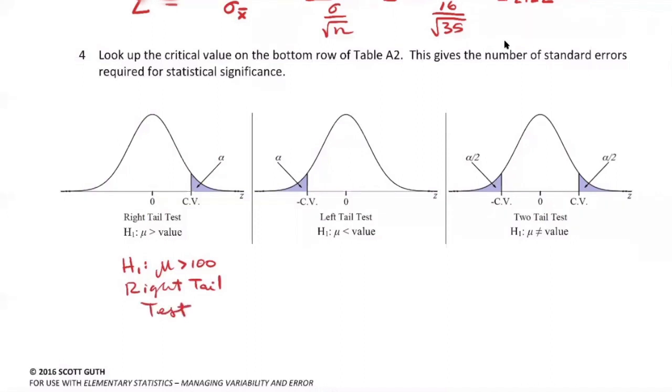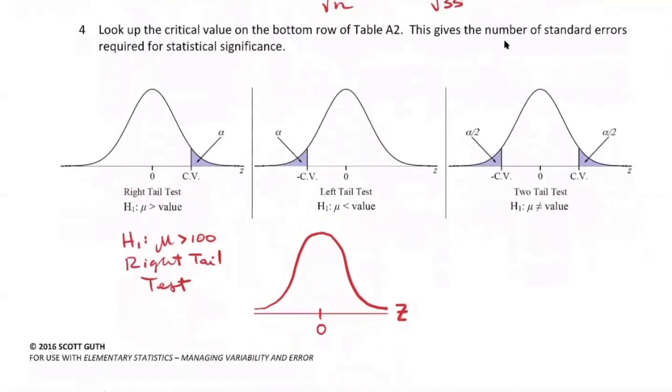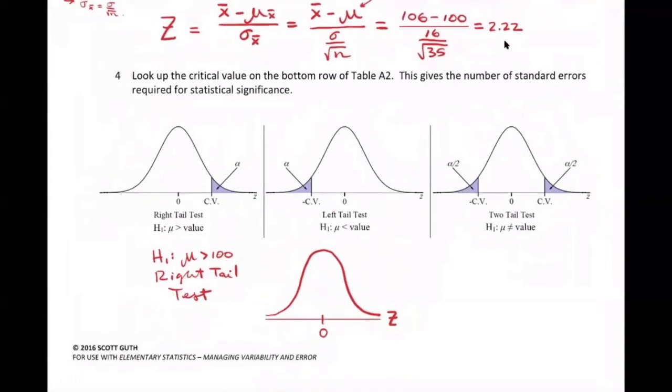We'll draw a distribution here and label it Z. Z is centered at 0, and our test statistic was 2.22. Oh, no, I'm sorry, this is the critical value, my bad. We're trying to find the critical value, and that depends on the level of significance, and I don't know what that is.